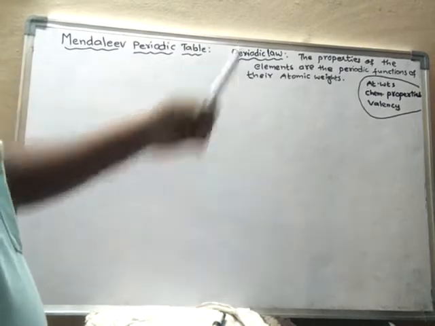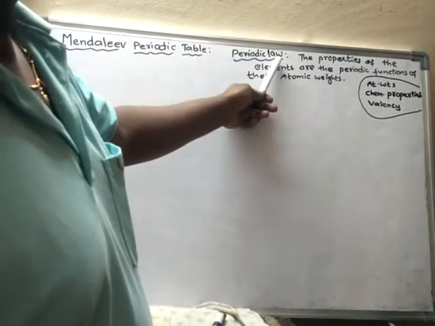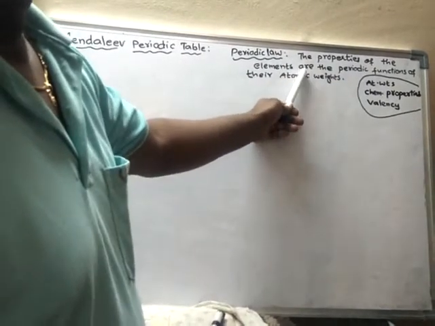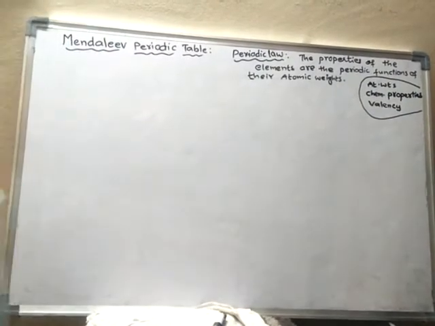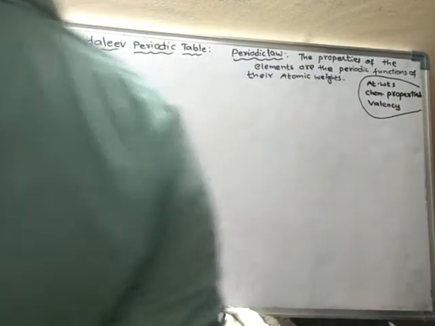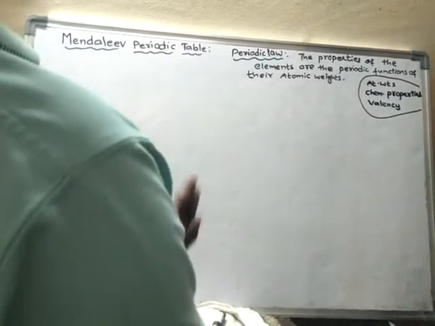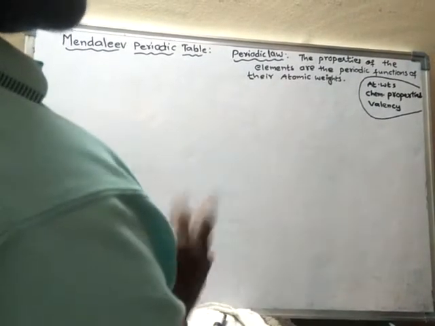Let us see this periodic law once. Mendeleev periodic law says that the properties of the elements are the periodic functions of their atomic weights. The meaning of this is, when elements are arranged in the increasing order of atomic masses.